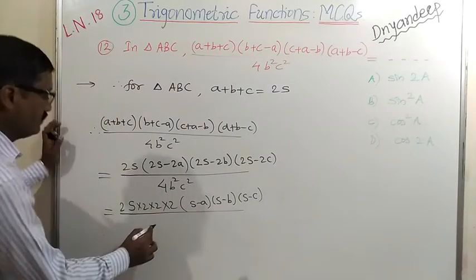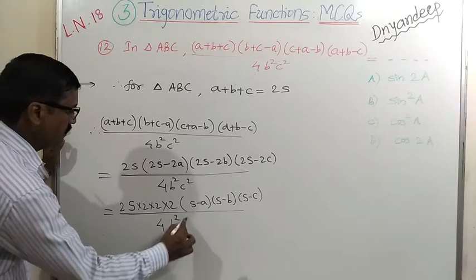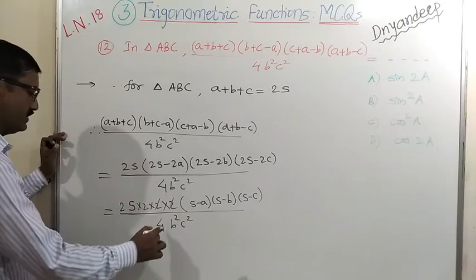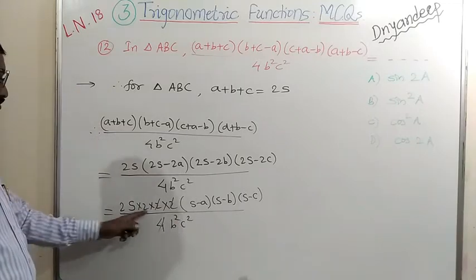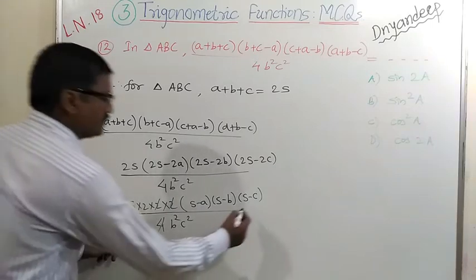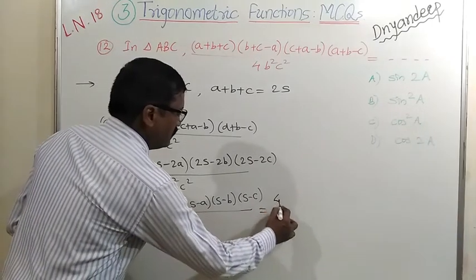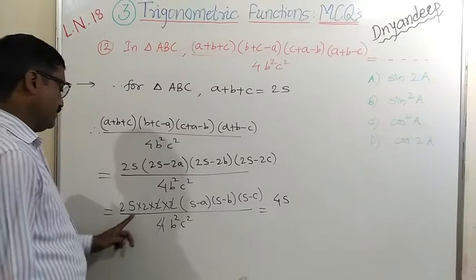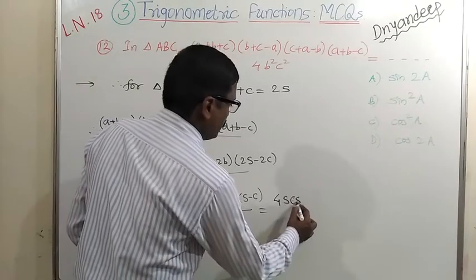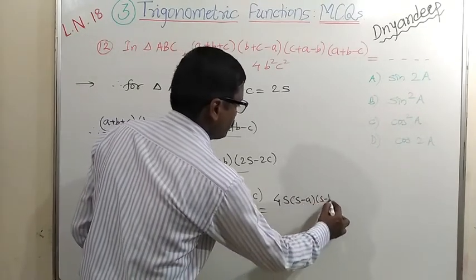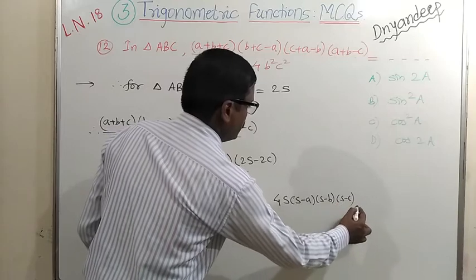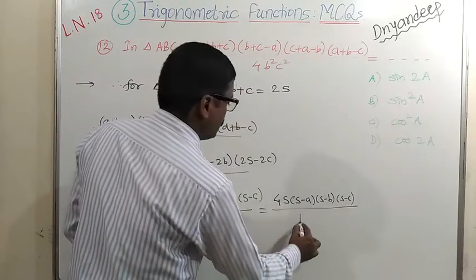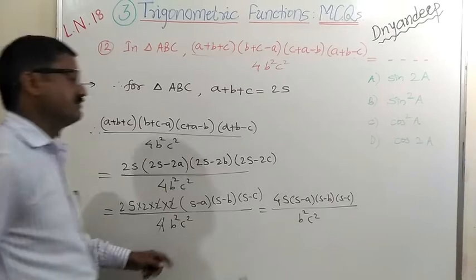Divided by 4b²c². Here these 4 get cancelled, remains 4s into (s − a)(s − b)(s − c), whole divided by b²c².